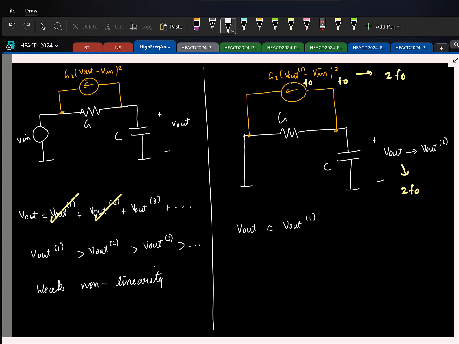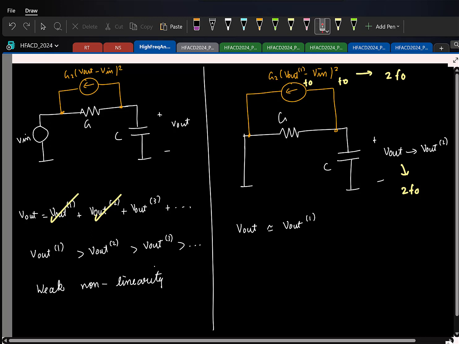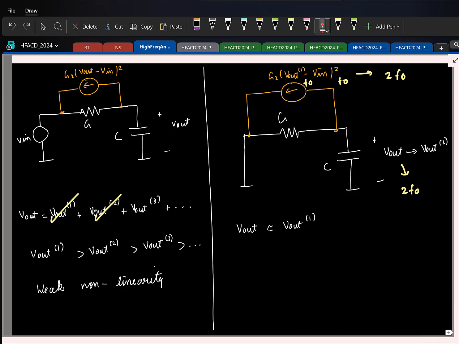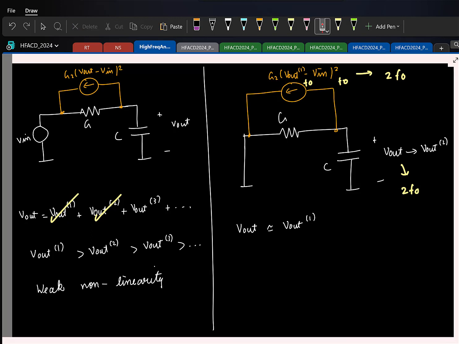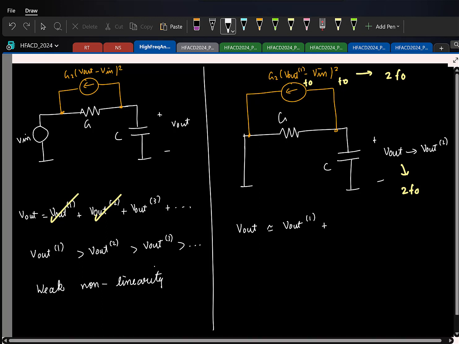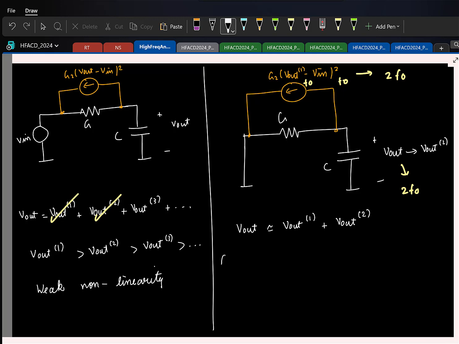Remember that in this case, let me copy this. In this case, I actually had to know what is V out, but at that time I knew only V out 1, and now I know V out 2 also. So now I will approximate V out as both, which means my current should be G2 times V out 1 plus V out 2, right?